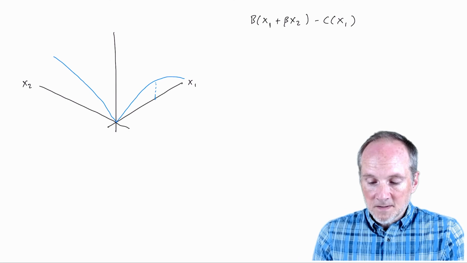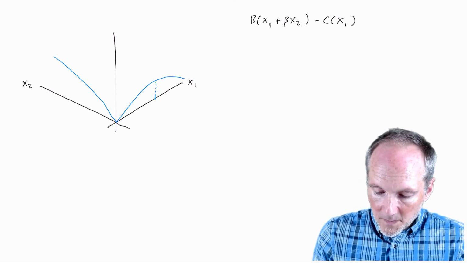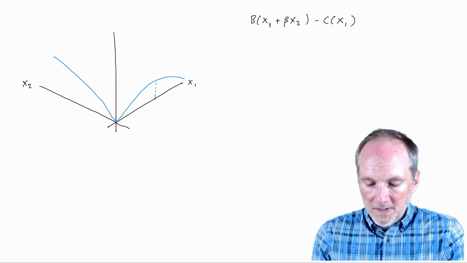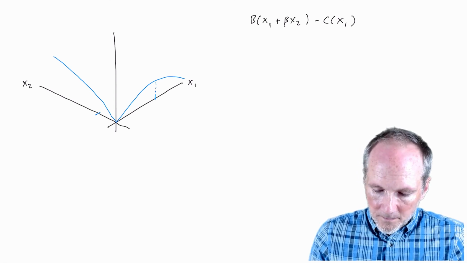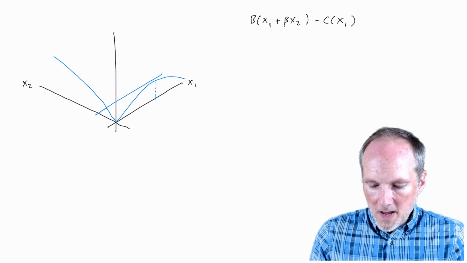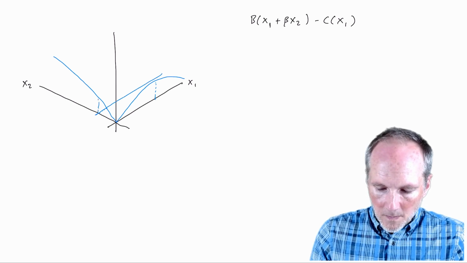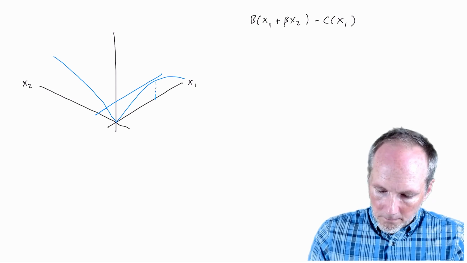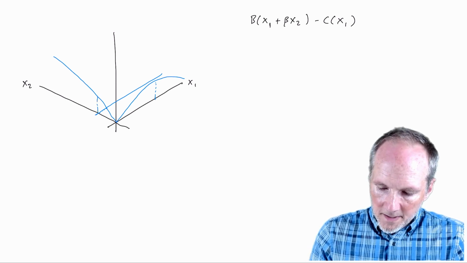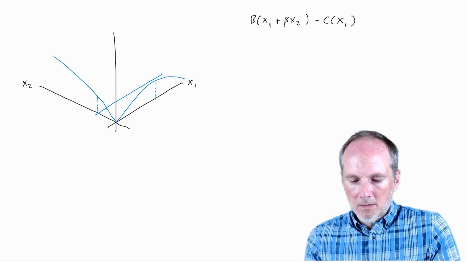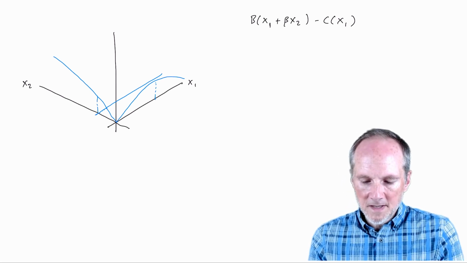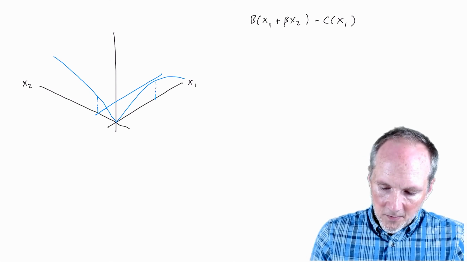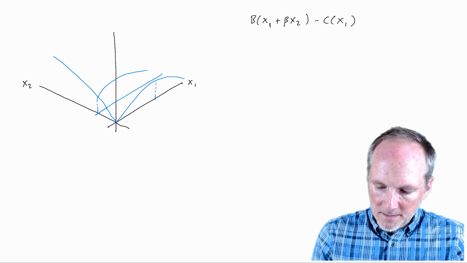What does the rest of this look like? Well, for different levels of x2, like this one, let me just draw something here. The graph of this net benefit function above this line, again, it's going to go up and then down.